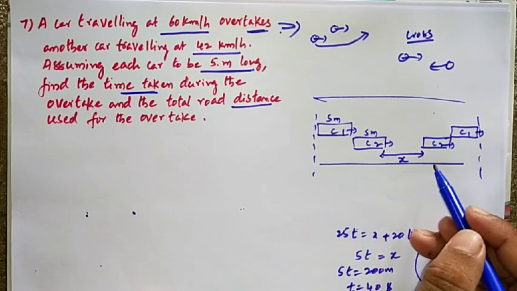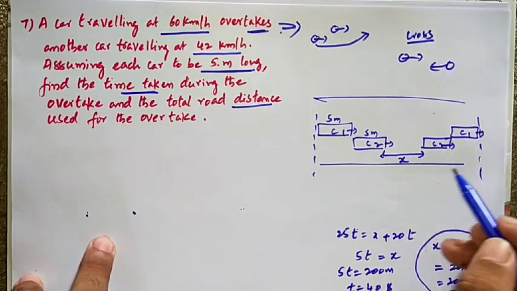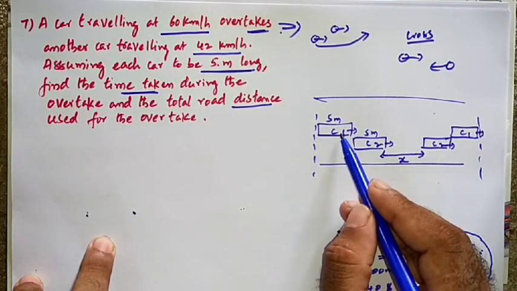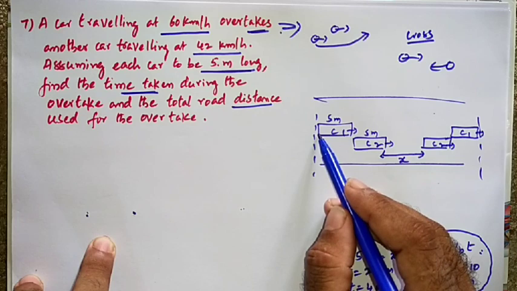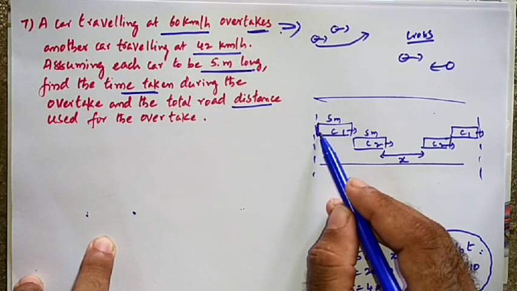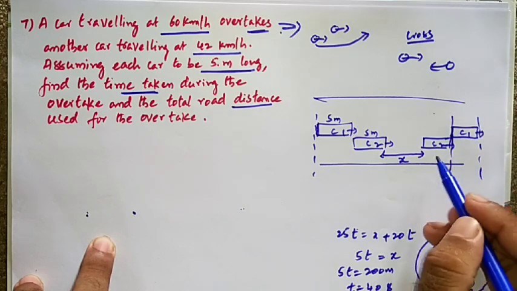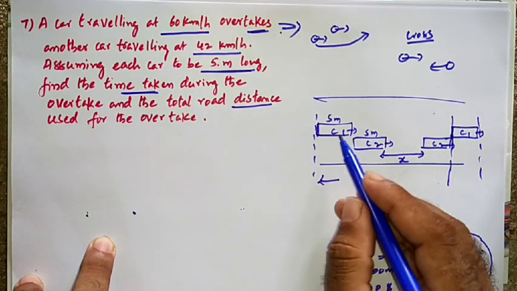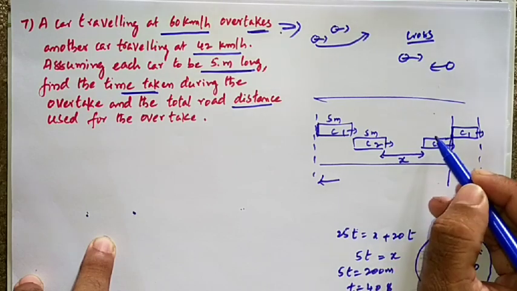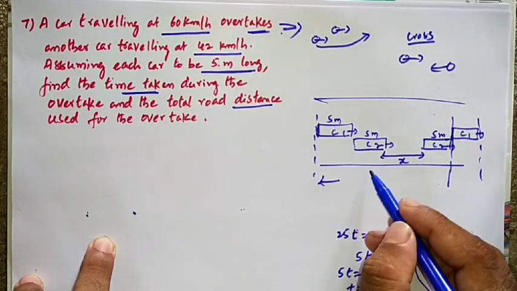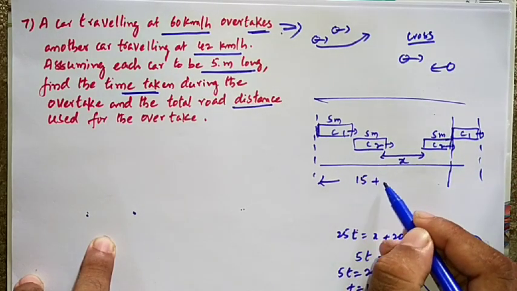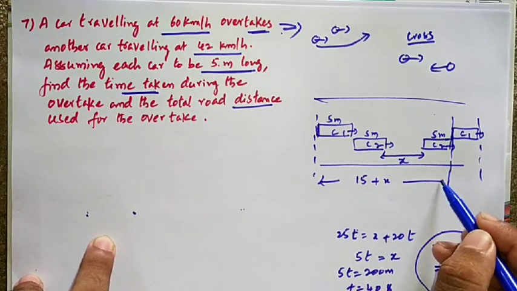Let us take X. Then the first end of car 1 crosses this point. Total distance is 5 plus 5 plus X plus 5 meters. How much now in total? 15 plus X. This is the distance traveled by car 1.